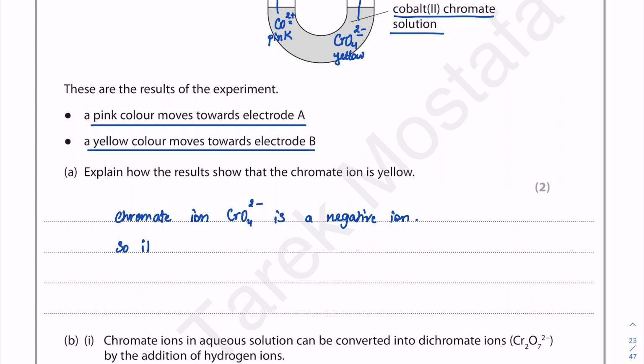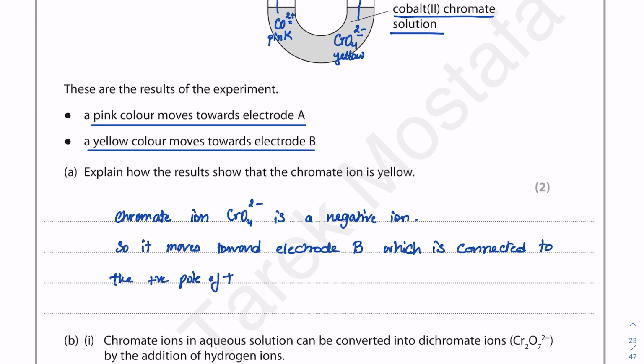So it moves towards electrode B, which is connected to the positive pole of the power supply.